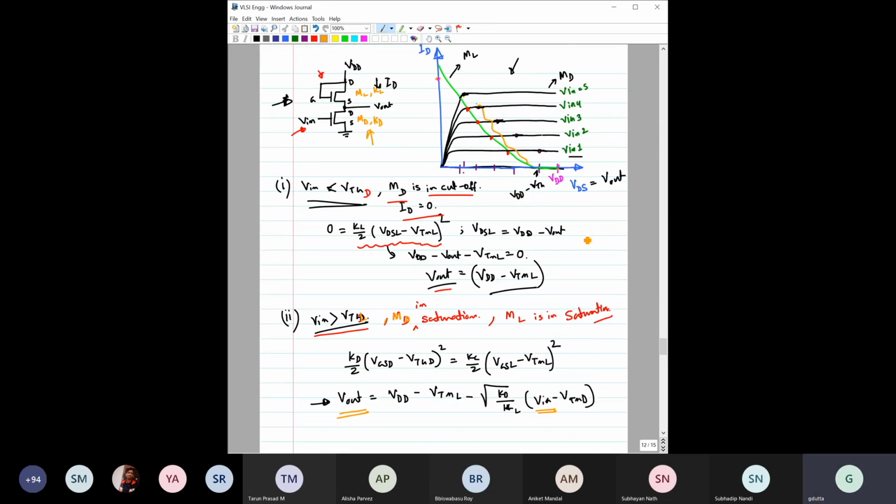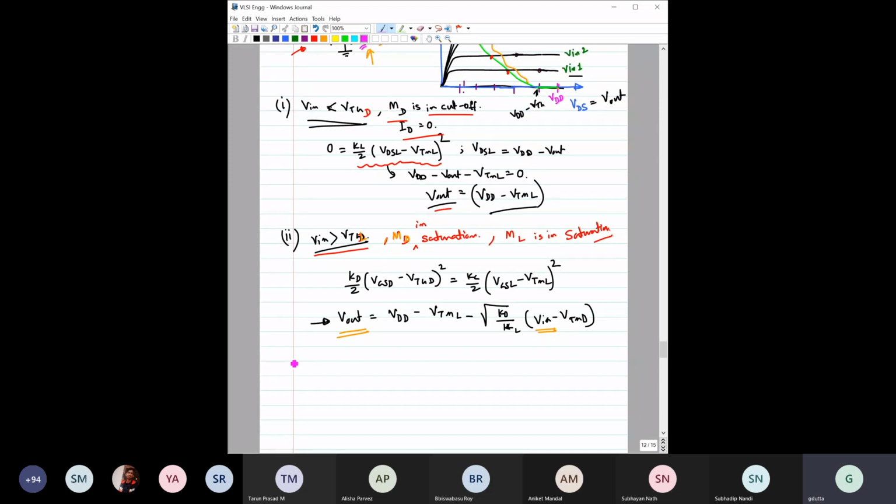Okay. Now you see, if you consider a situation from this point onwards, that is from point C onwards, this transistor, the MD, will be in the triode region. However, ML will always be in the saturation region, right?